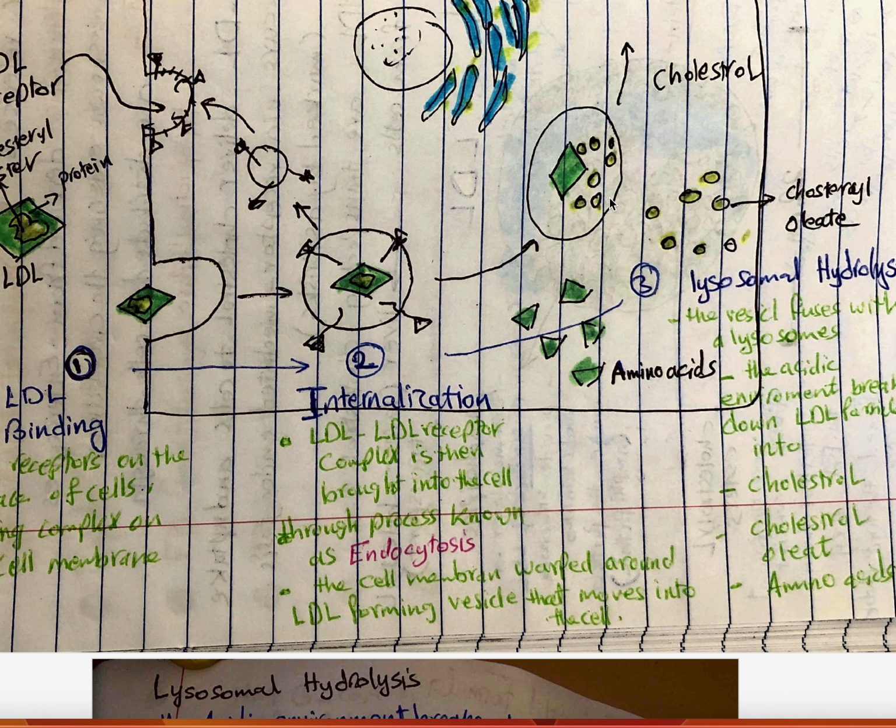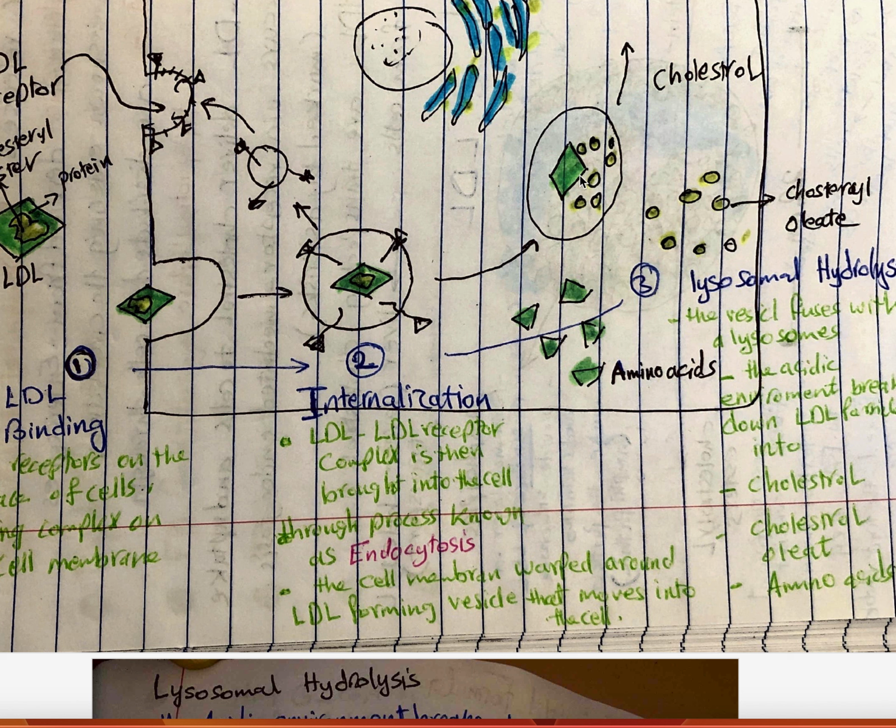So as you can see here, when it fuses with the lysosomes, which is the third step, because of the acidic environment of the lysosomes that leads to hydrolysis. So that leads to breakdown of the lipoproteins.